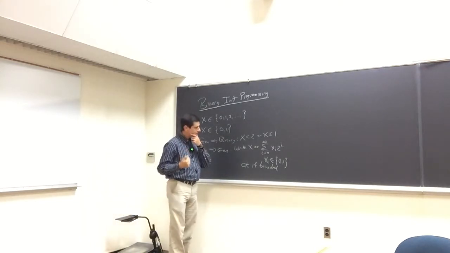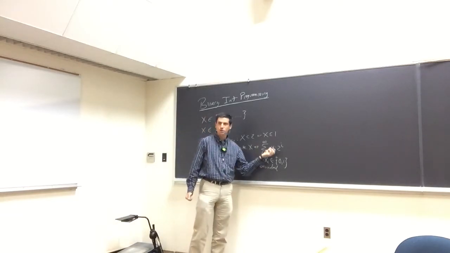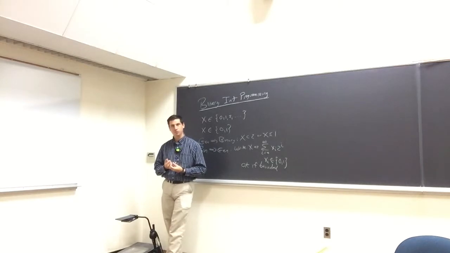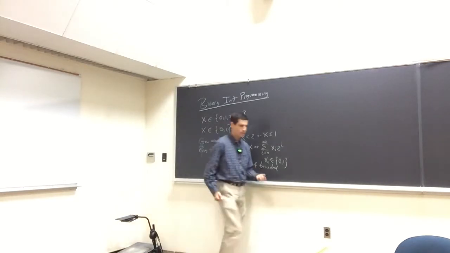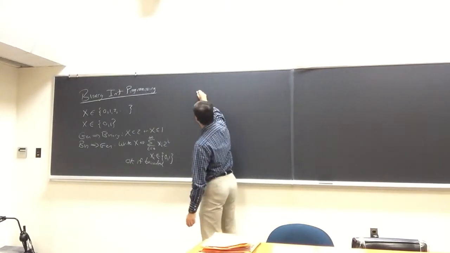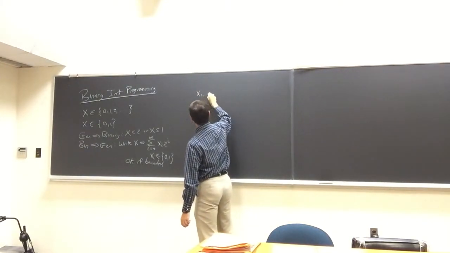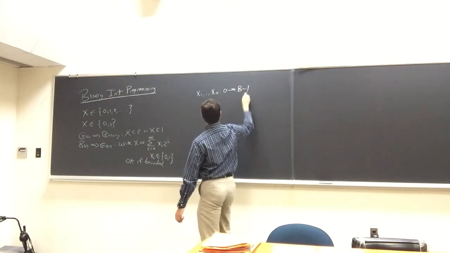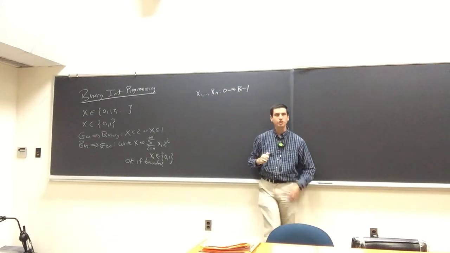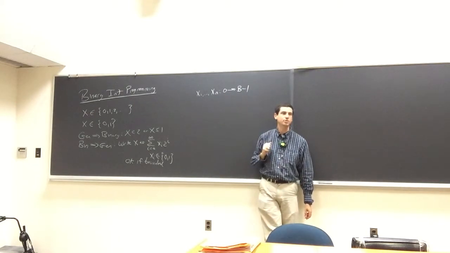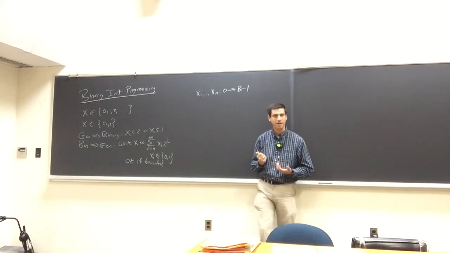As an aside, I've actually talked to some people. There's a lot of great things you can do with for loops. And if you want to do a variable number of variables in for loops, you can actually do this with binary or more general b-adic representation. So let's say you want to have x1 through xn all go from 0 to b minus 1. So you need to do a bunch of for loops. The problem is you don't know ahead of time how many variables you have. That's going to be something that's passed in.